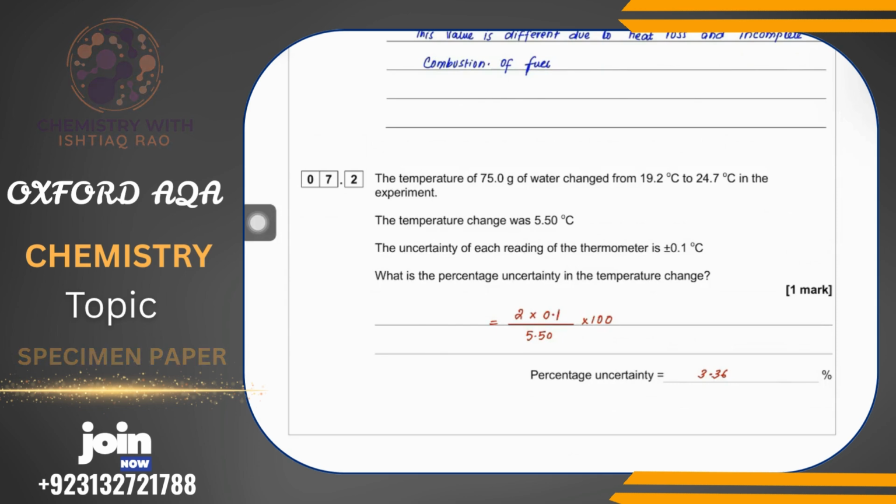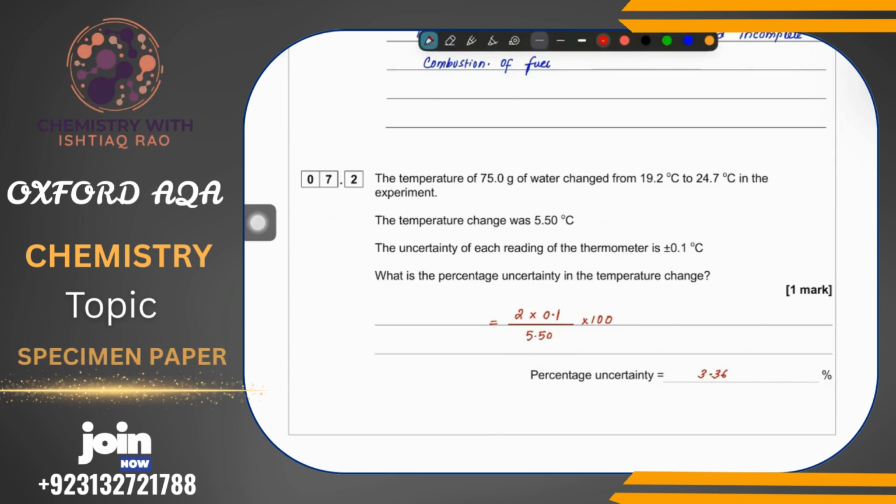So I have to increase the temperature. When I increase the temperature, automatically the percentage uncertainty is going to decrease, because they are inversely proportional to each other. Makes sense, right?